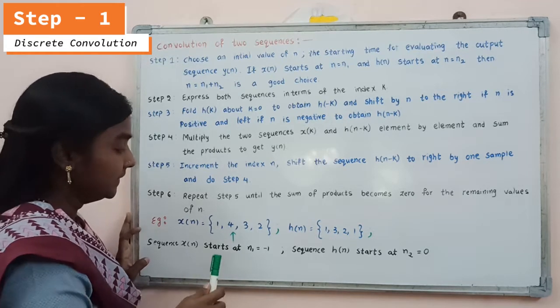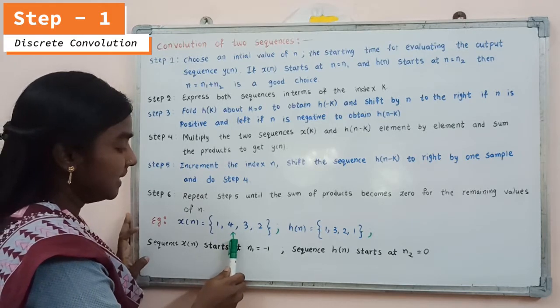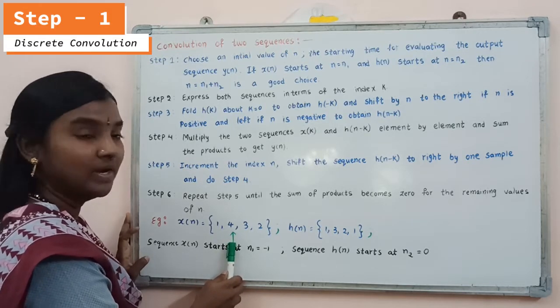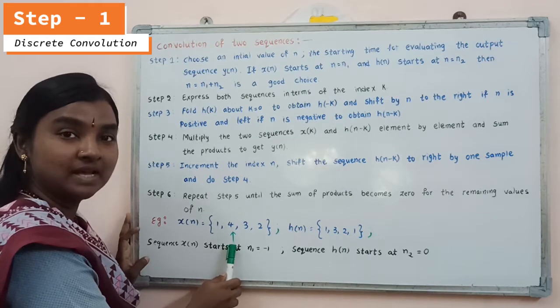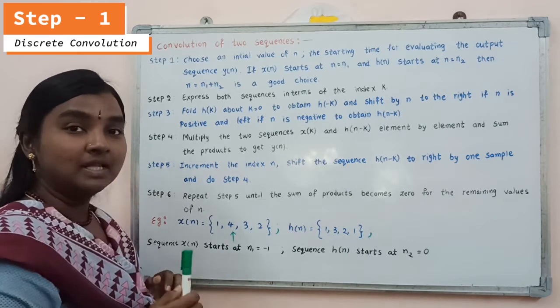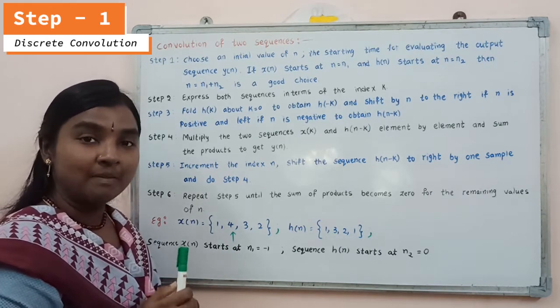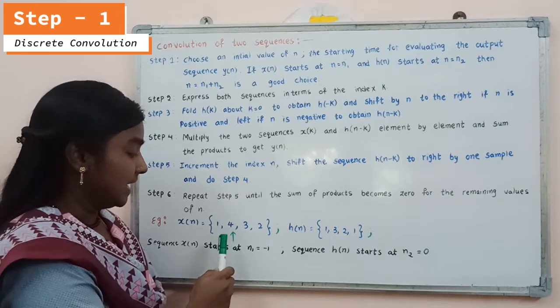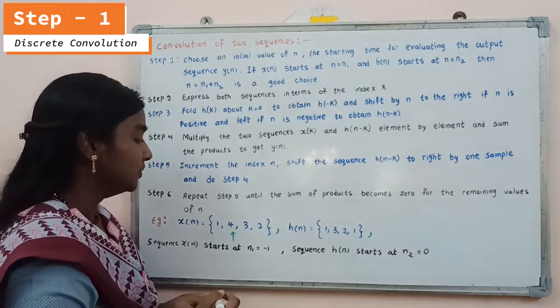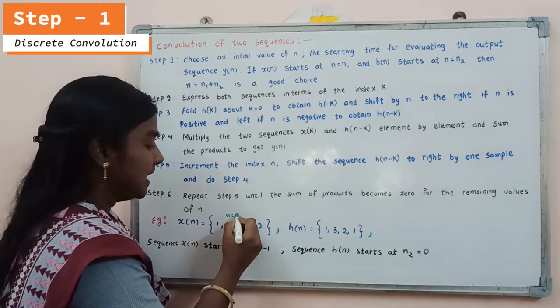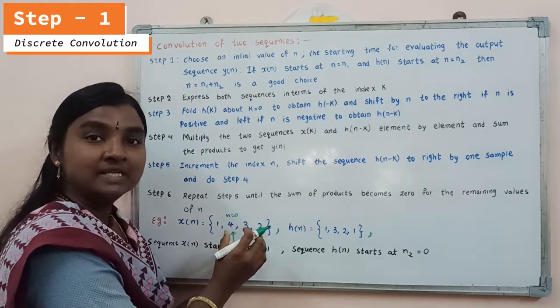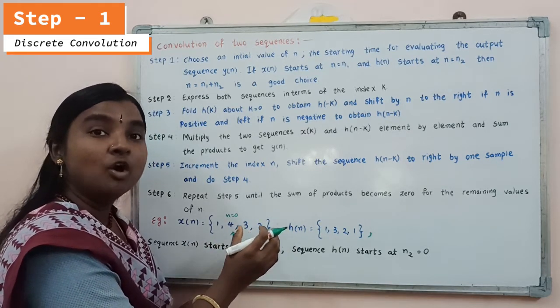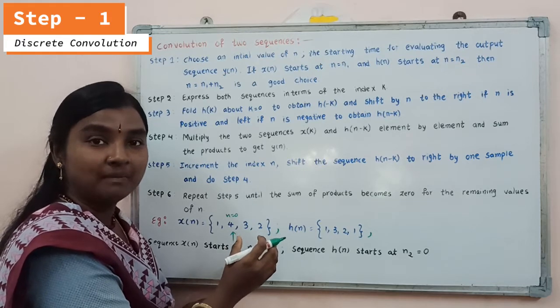In the x of n sequence, there is an arrow mark, and the amplitude at the arrow mark is at the time instant n equal to 0. The amplitudes on the right side of the arrow mark are the positive time amplitudes.